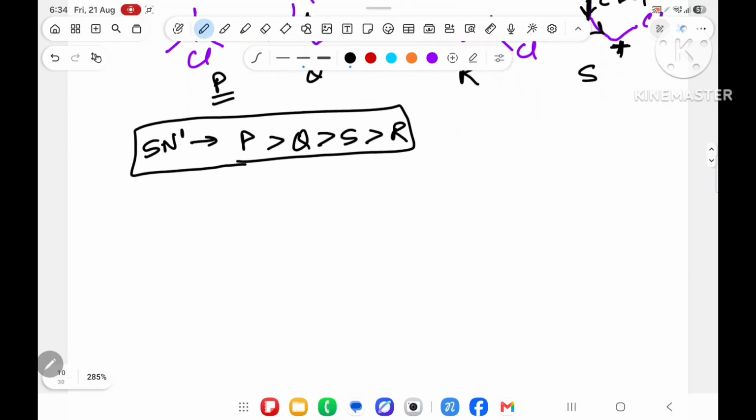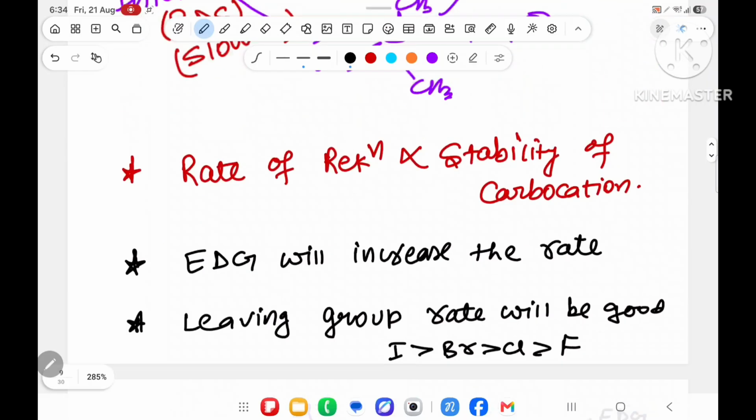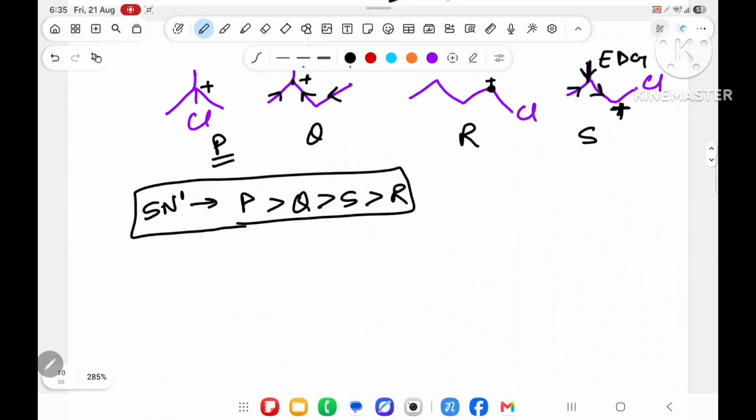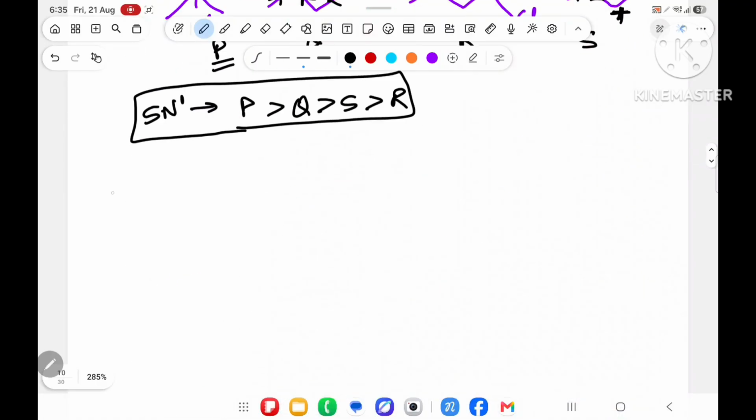Next important point: how many important points have I written? Third, I have written leaving group, electron donating group, rate directly proportional to stability.